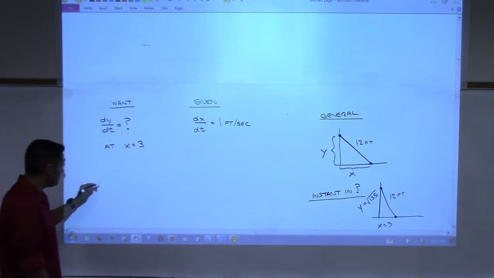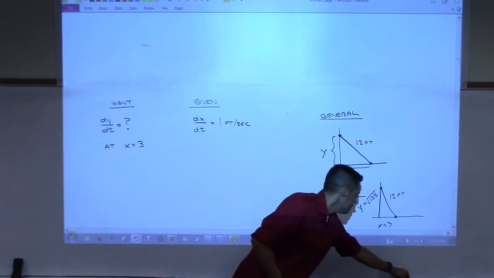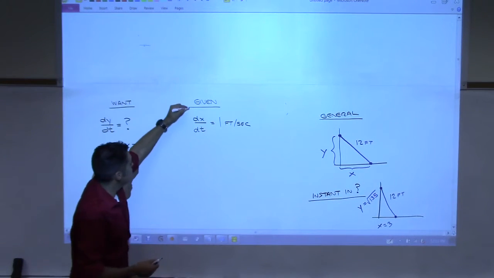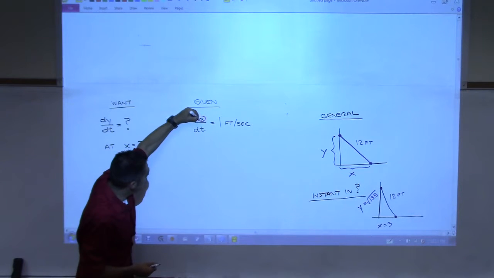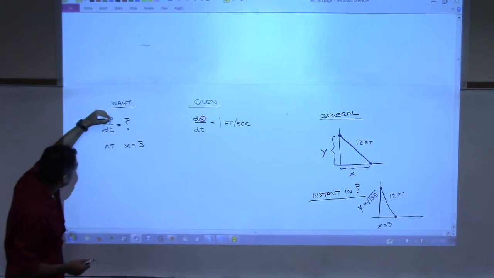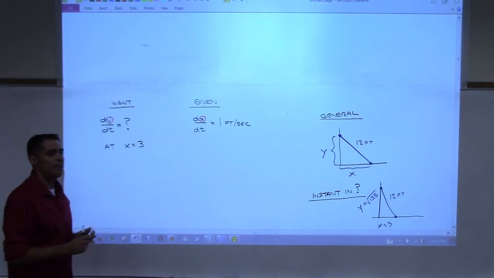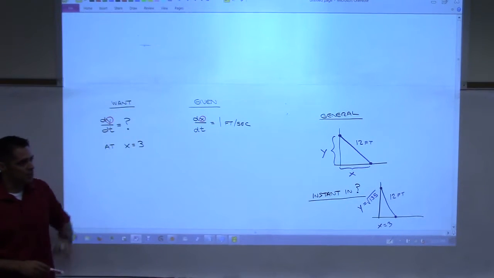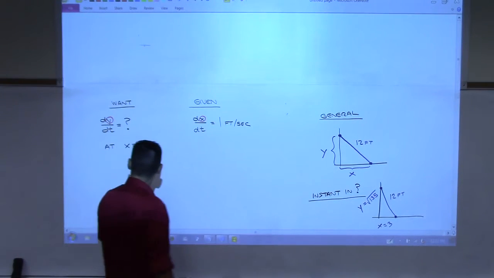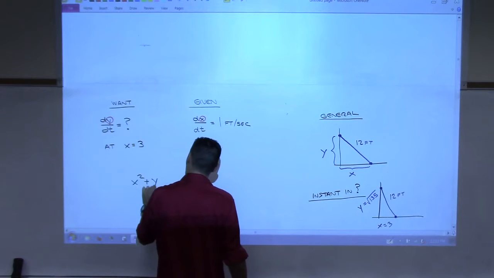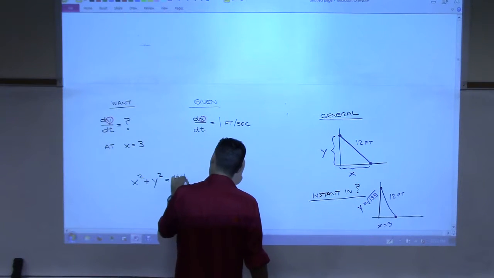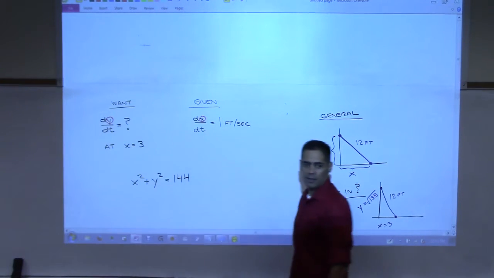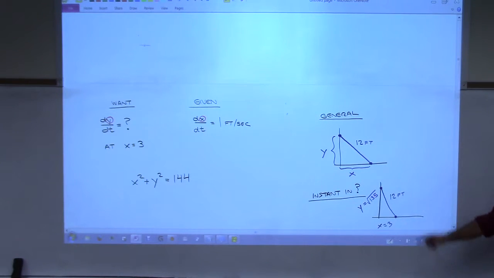So what I'm going to do now is write that down. But to recap, what I did is I looked at what I was given, this variable, and I looked at what I wanted, this variable. And I said to myself, find an equation that has x and y in it off that picture. And I came up with x squared plus y squared is 144. That's the magic equation right there. I can use that equation.